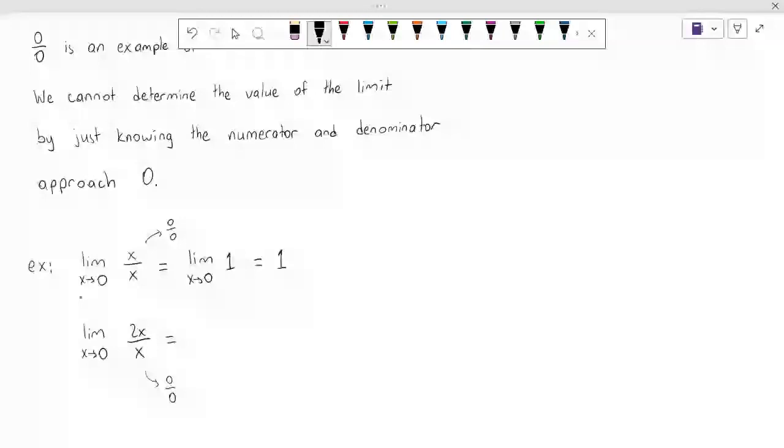x over x just simplifies to be equal to 1, right? Like 2 over 2 would simplify to just be equal to 1. So really, any non-zero number over itself always reduces to 1, okay?